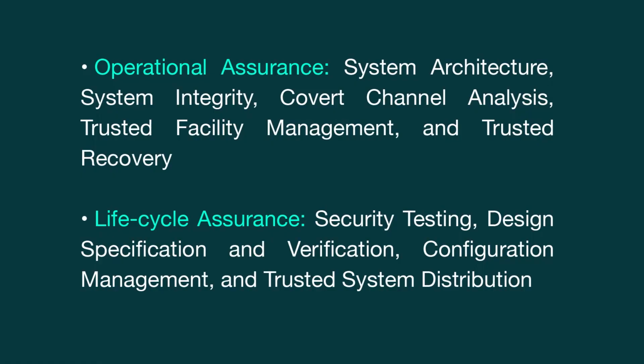To accomplish these objectives, 2 types of assurance are needed with their respective elements. Hence, the assurance mechanisms are operational assurance, system architecture, system integrity, covert channel analysis, trusted facility management, and trusted recovery. The lifecycle assurance includes security testing, design specification and verification, configuration management, and trusted system distribution.